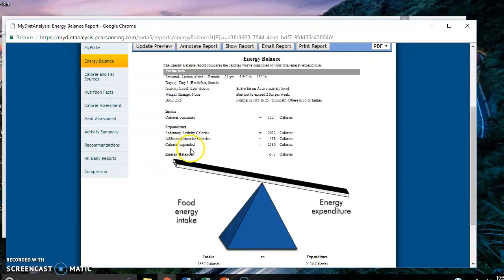The number of calories expended was 2,130. And you have a negative energy balance of 573 calories.